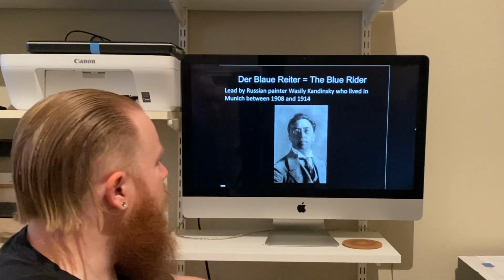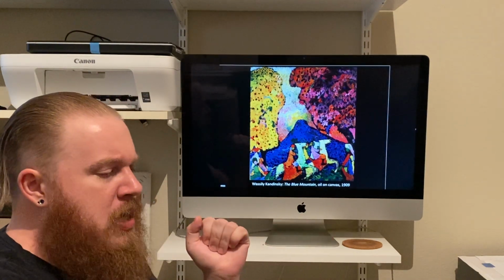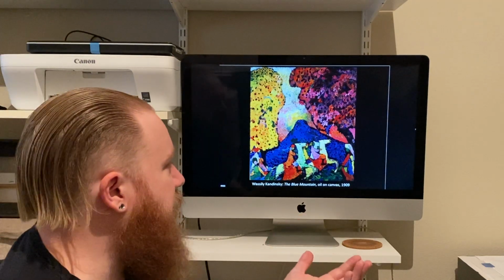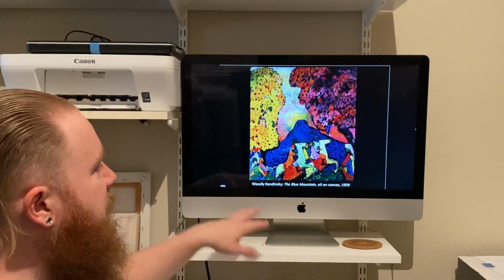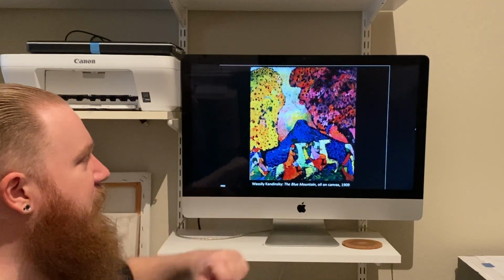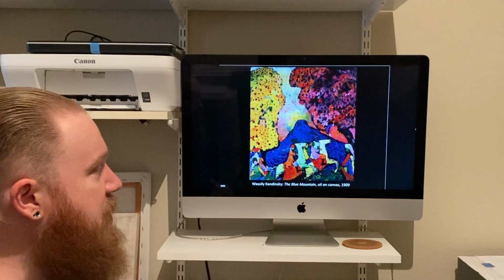But early on, his early Blue Rider works are still somewhat representational or recognizable. In this sense, we have a couple people riding horses through a landscape with a blue mountain in the background, the title being The Blue Mountain.